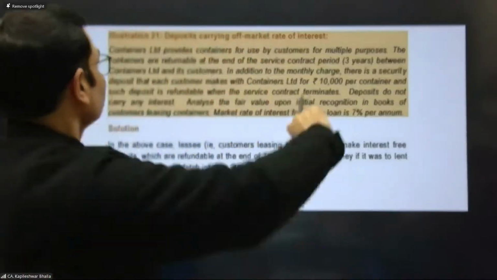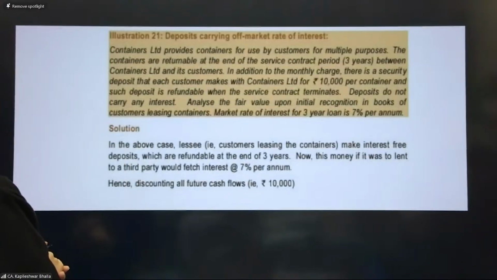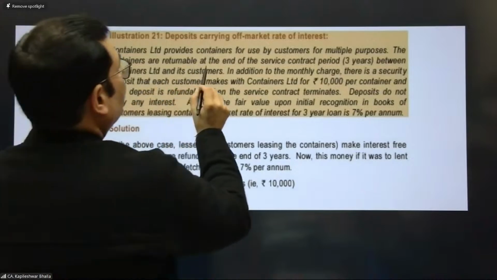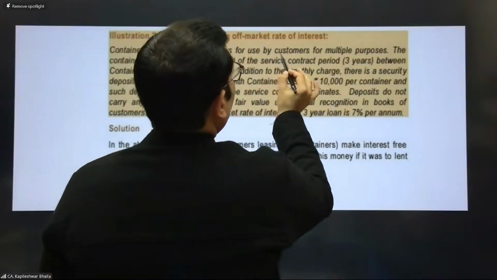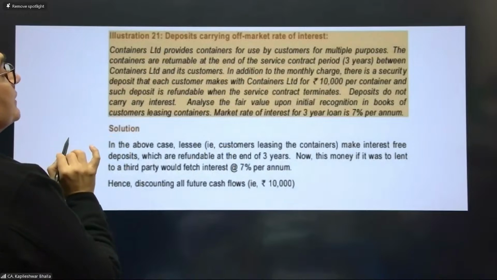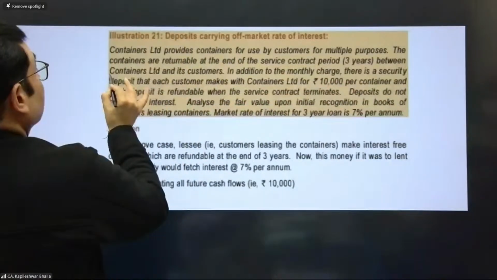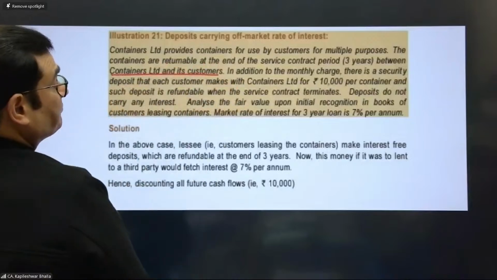Okay, so let's have a look at illustration number 21. It says a container provider provides containers for use by customers for multiple purposes, and the containers are returnable at the end of the service contract of 3 years between the container provider and its customer.